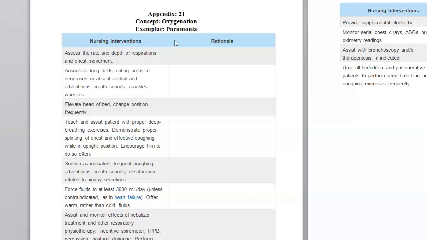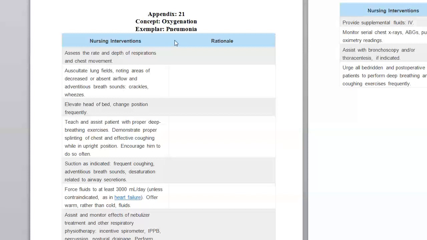Sometimes it really hurts to take in a deep breath, so some patients decrease their inspiration efforts to avoid that pain. We don't want that to happen because this is where we could see fluid build up and the inability to get secretions out of their lungs.